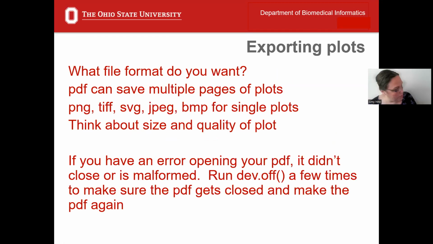Okay, so we've made plots. We have ways of combining the plots into one figure, but you need to get these plots out of R. Think about what file format you want to use. Do you want to spit these plots out to PDFs? Do you want maybe a JPEG, a PNG, something that's lossless, something that's high quality, like a TIFF or an SVG?